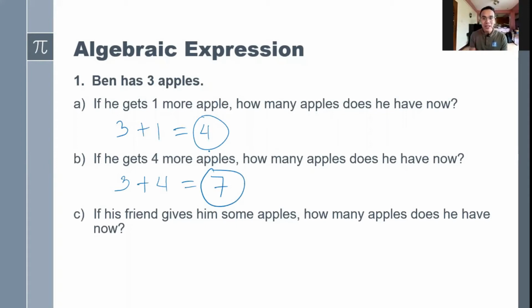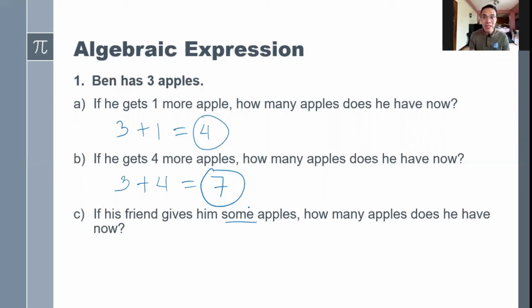If his friend gives him some apples, how many apples does he have now? So in this item, we don't know yet the number of apples given to Ben. It says here some. So this word might entail 2 apples, 4 apples, even 10 apples.